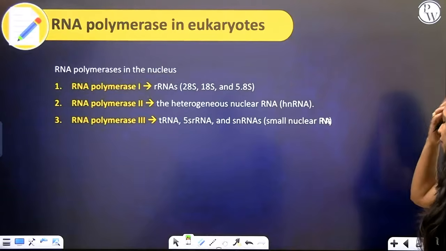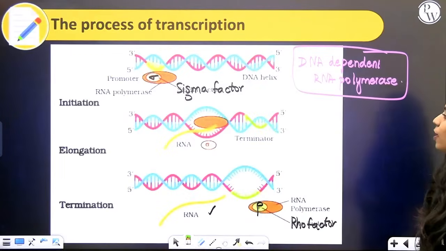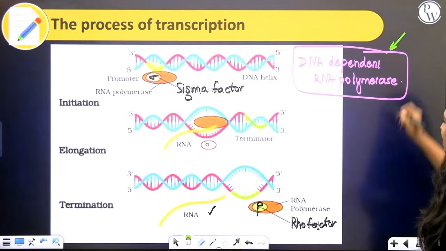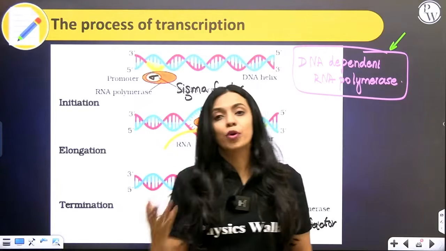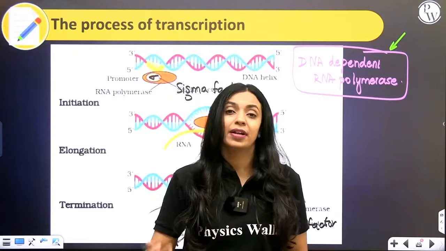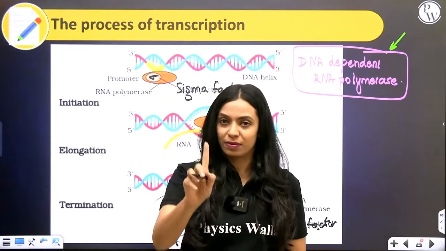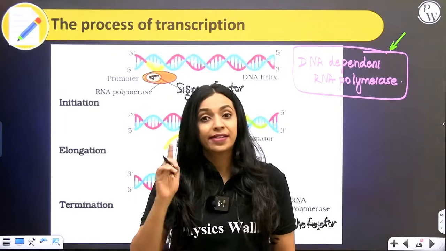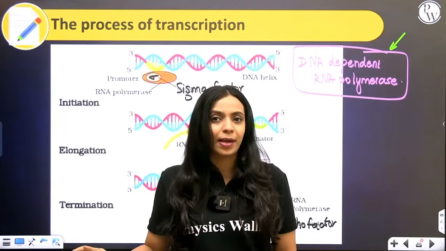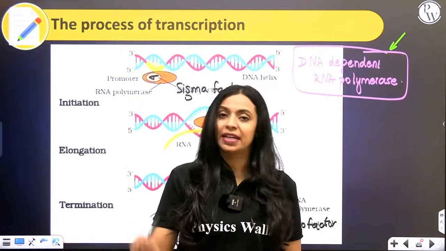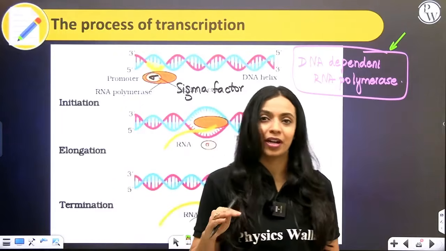Over here, with respect to this enzyme, DNA-dependent RNA polymerase, in prokaryotes, it's of just one type. That single type of RNA polymerase itself is capable of transcribing all types of RNA, including mRNA, tRNA, rRNA, and all the different types of RNA.